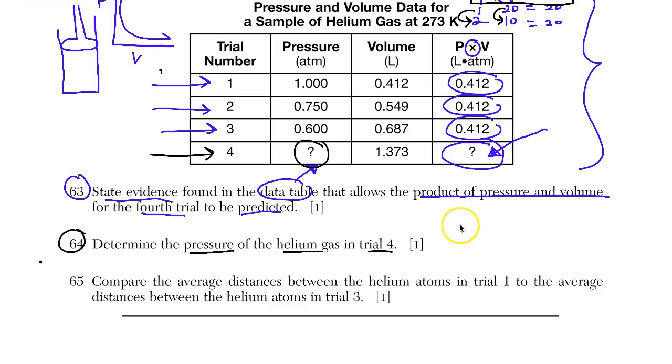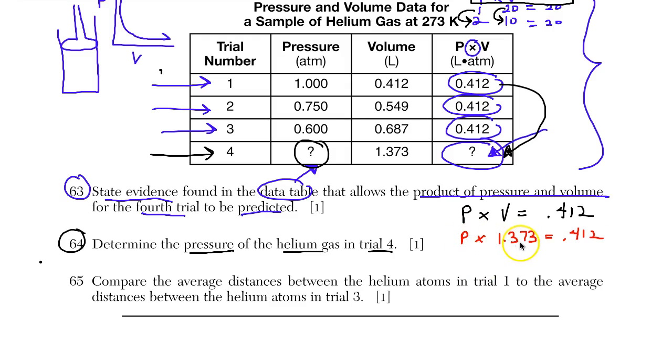We expect pressure times volume to equal 0.412. I know it's not there, but we predicted that for number 63. If we know the volume is going to be 1.373 and this number is 0.412, let's solve for P.